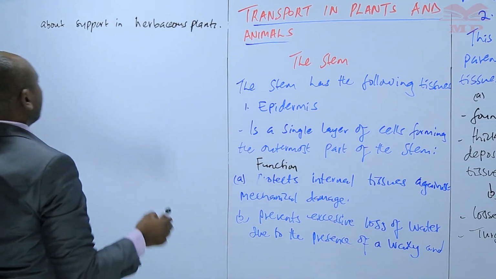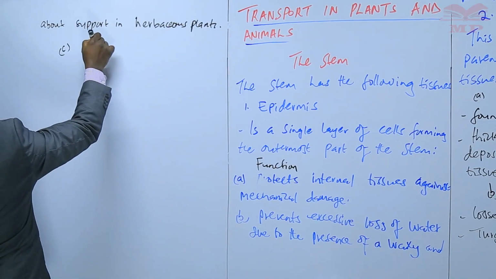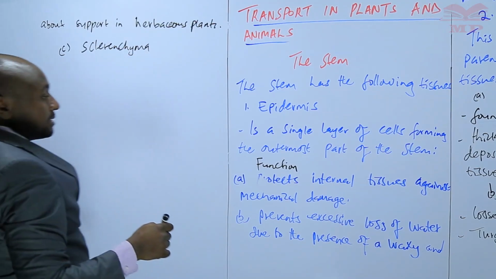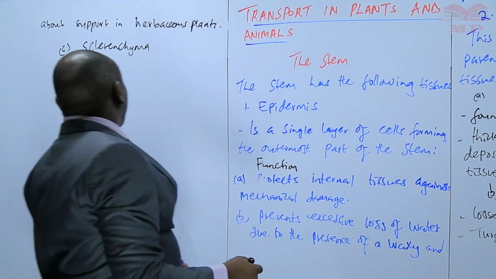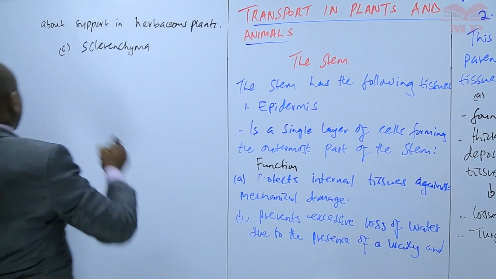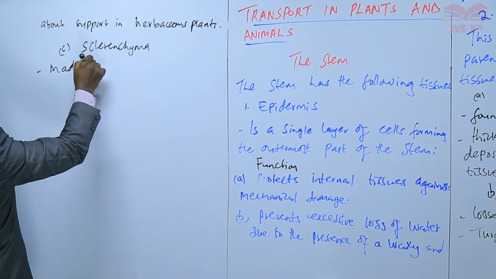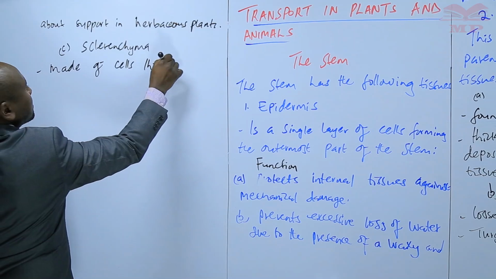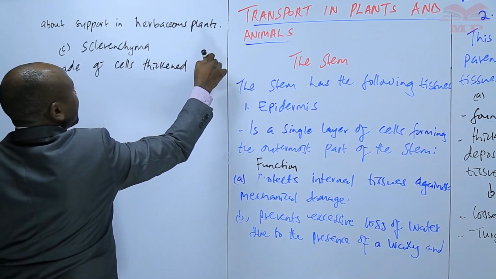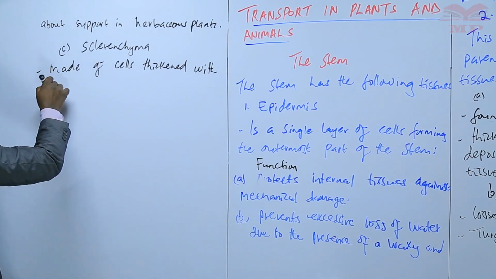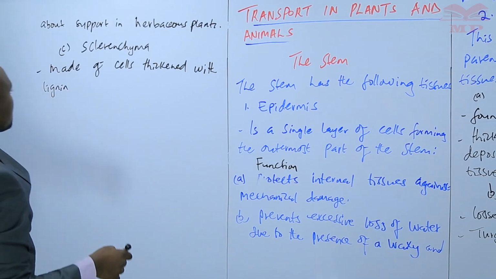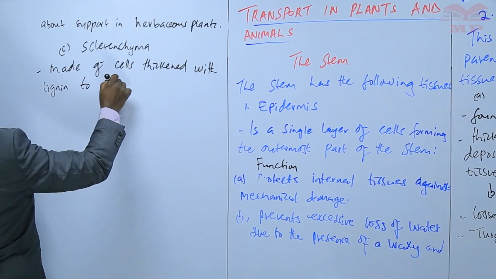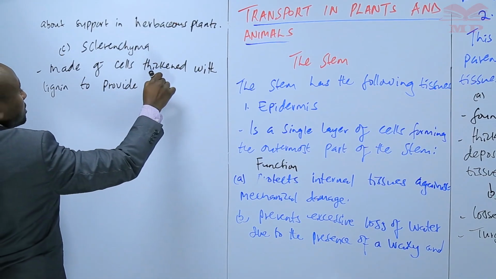Then we have the sclerenchyma. This one is just beneath the parenchyma, and this is made of cells thickened with lignin, also to provide support.